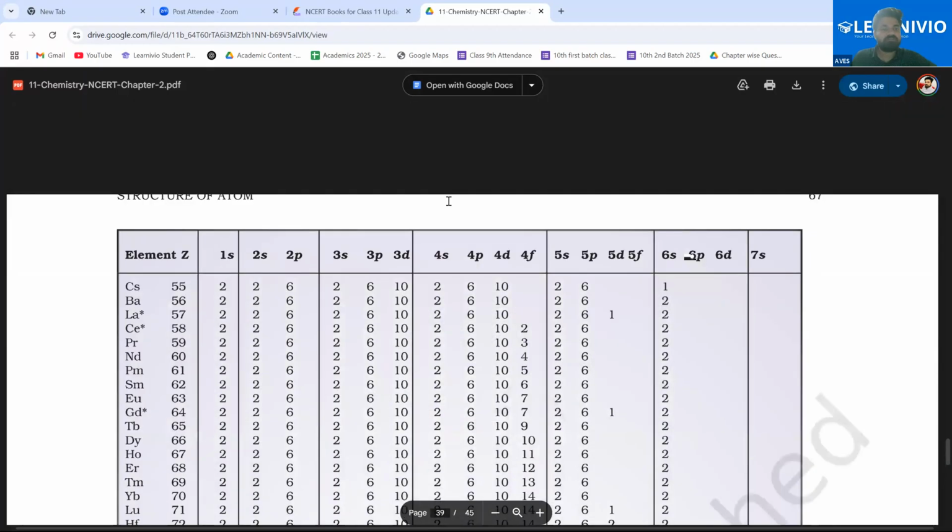Okay, this is the electronic configuration of element.